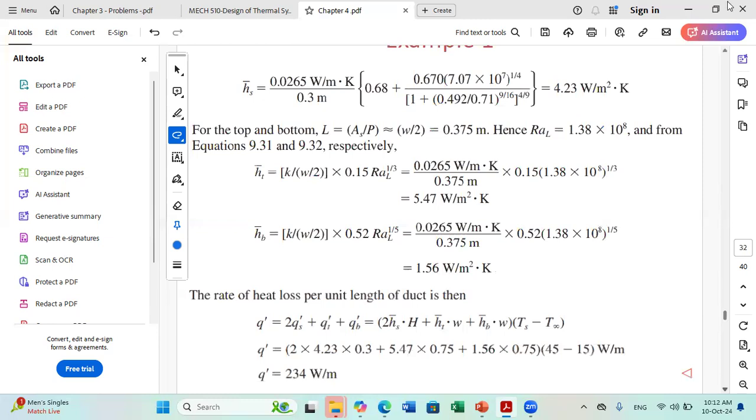To calculate the Rayleigh number, but pay attention, as we said, we need the characteristic length. And the characteristic length is, as we said, the area of the surface over the perimeter of the surface. In general, you have the top and bottom surface.